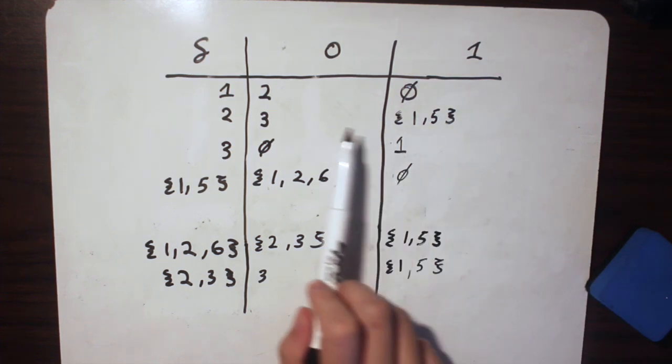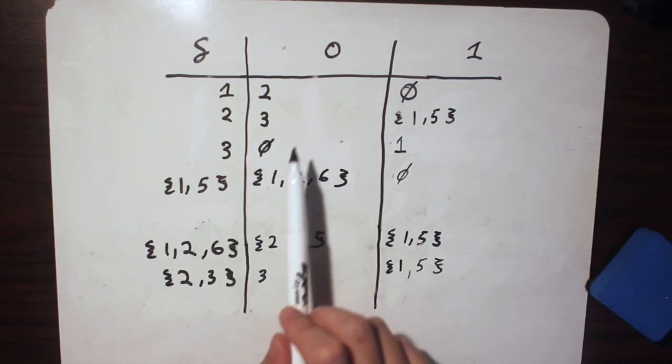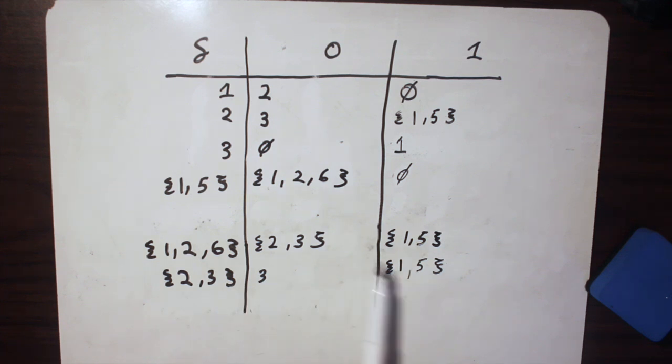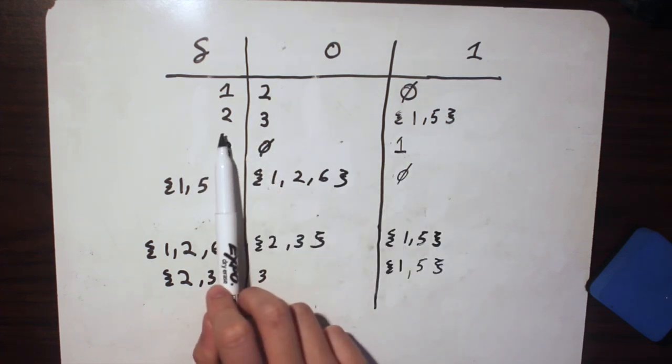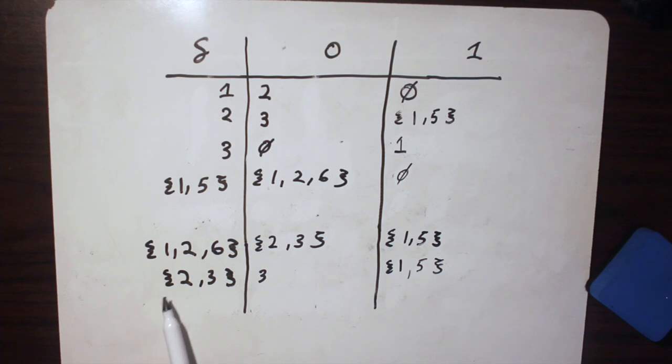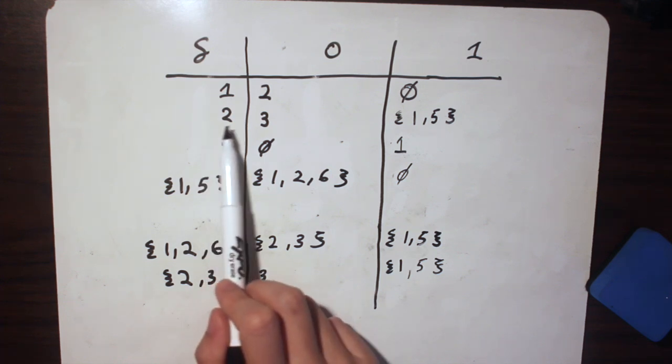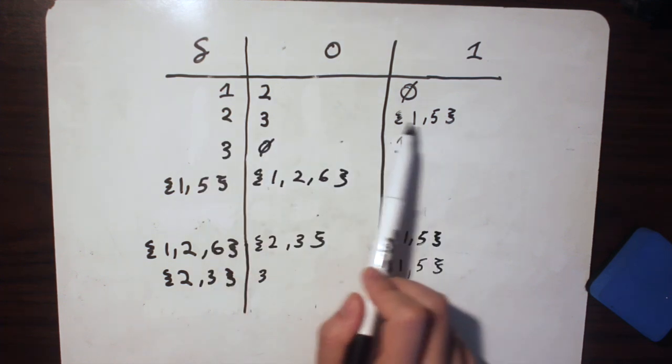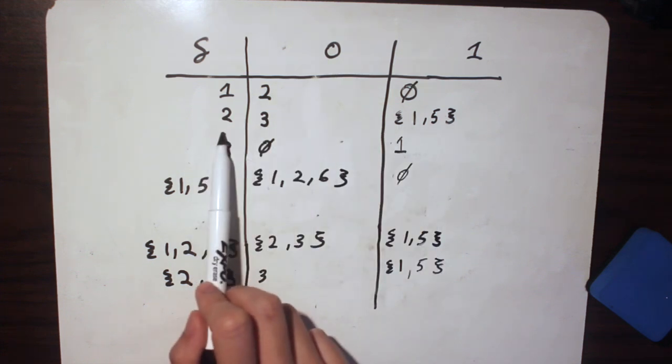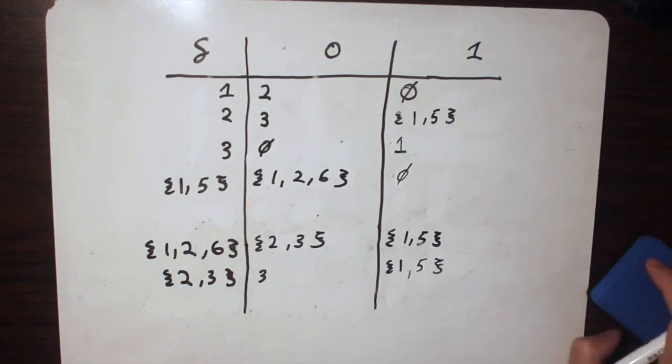Okay, so scanning again for any obvious duplicates. We've just created another one right here and here between the state 2 and the set 2, 3. So I'm going to be keeping this first row right here, the one that's higher above with the 2.